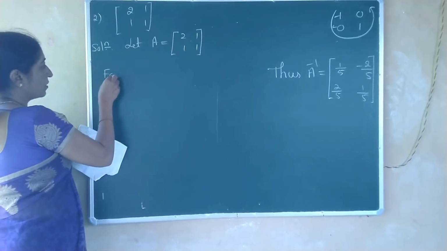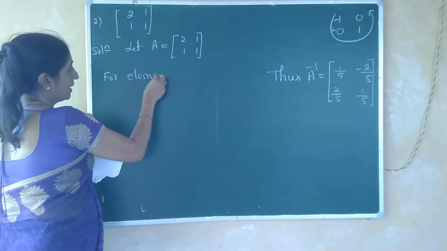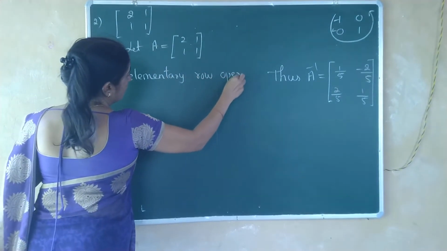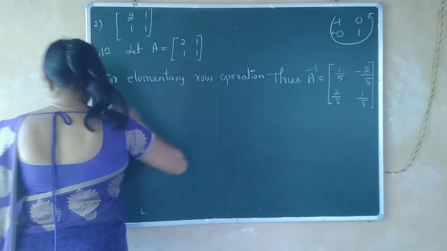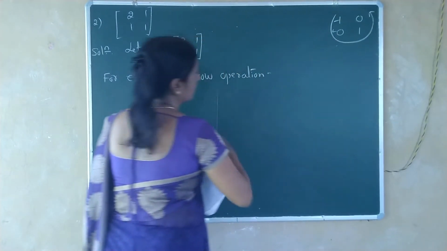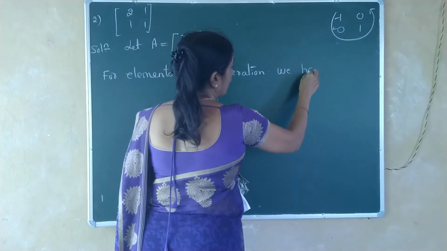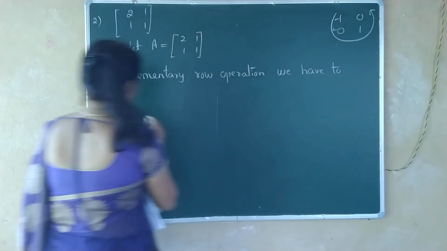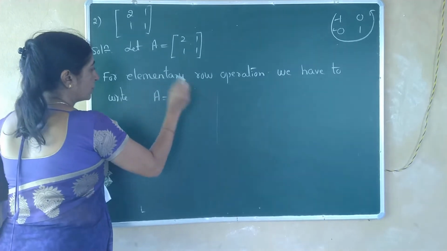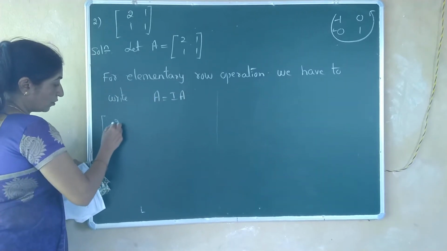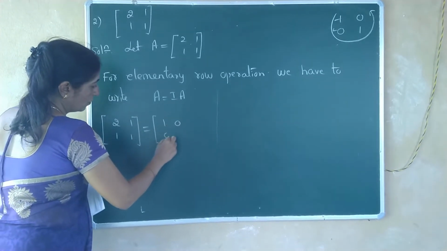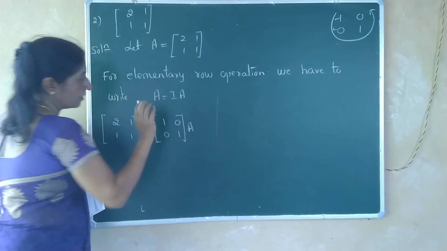Next, for elementary row operation, we have to write A is equal to I into A. A: 2, 1, 1, 1. I: 1, 0, 0, 1. This is the first step.